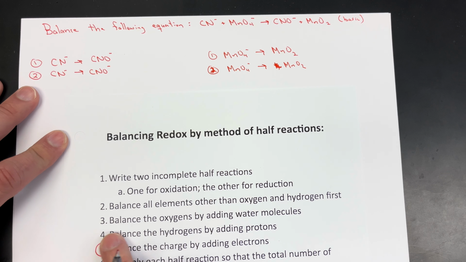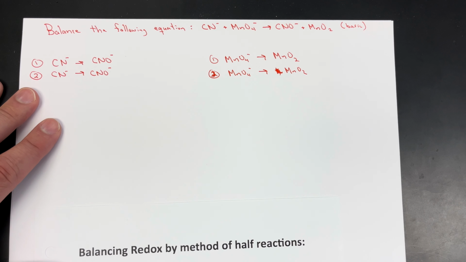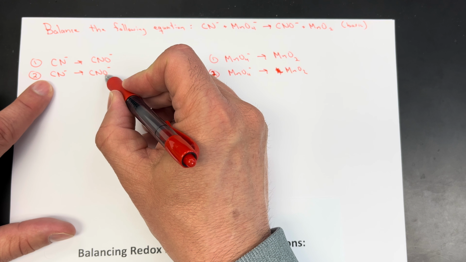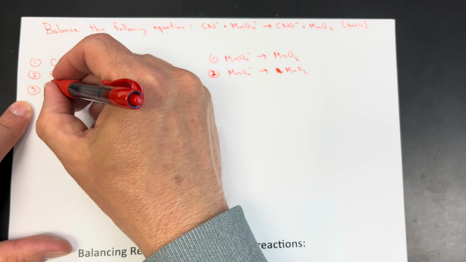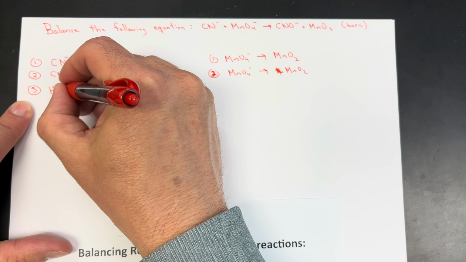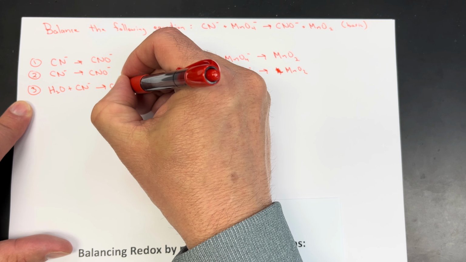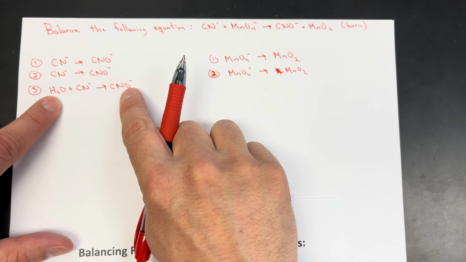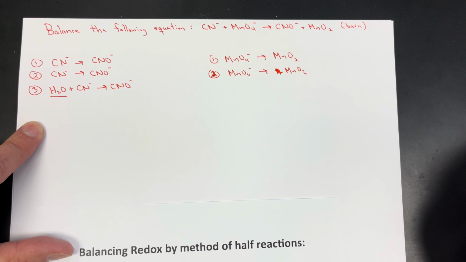Now we get to balance the oxygens by adding water molecules. Well, the oxygens aren't balanced here, so we're going to have to add a water molecule on the right-hand side. We did that so that the oxygens would balance out. I'm going to underline this because that's what I did in step 3.